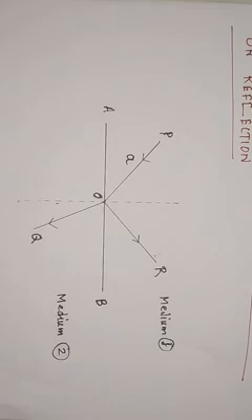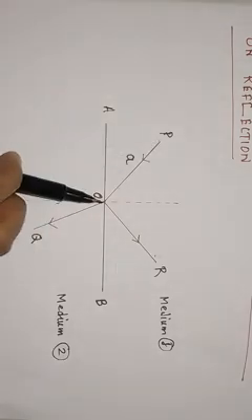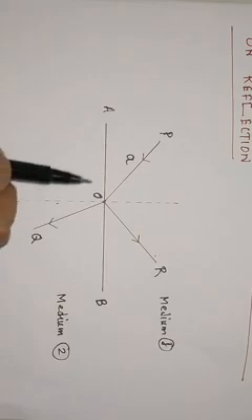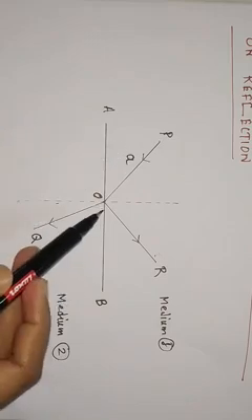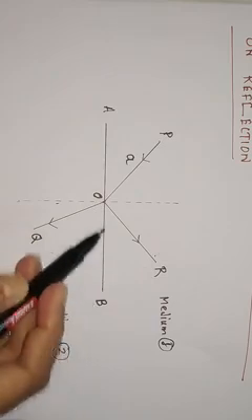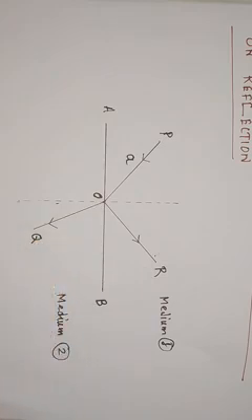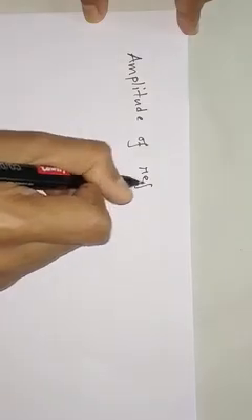Now, when the incident ray PO has an amplitude of A, what will be the amplitude of the reflected ray OR and the transmitted, or refracted, ray OQ? We can write the amplitude of the reflected ray OR.